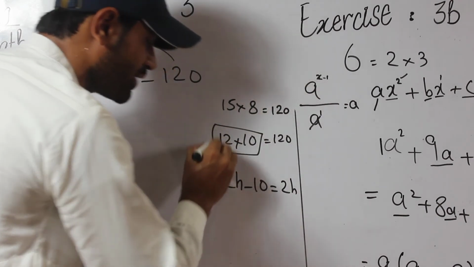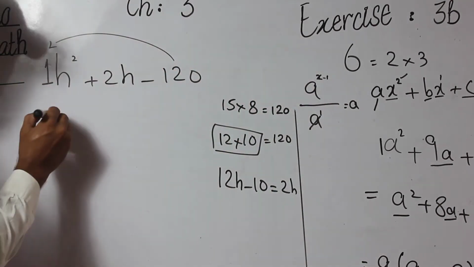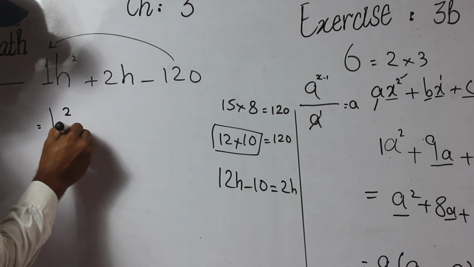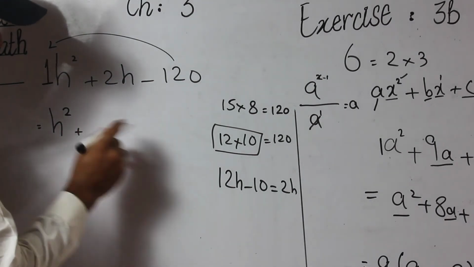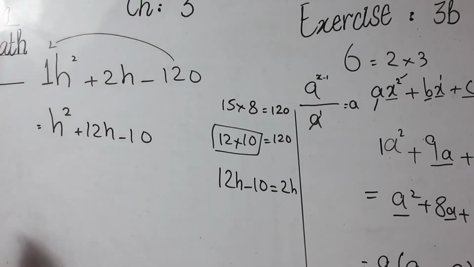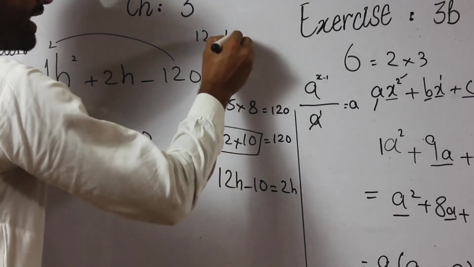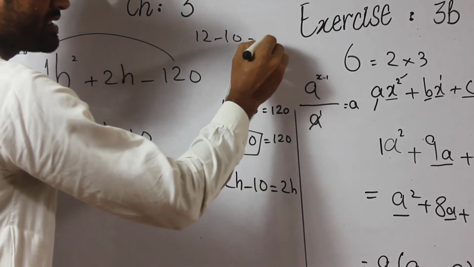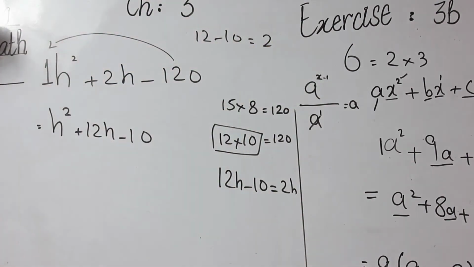I use these two numbers, 12 and 10. So here a squared plus 2a is converted into a squared plus 12a minus 10a. Just like that, if I have 12 and 10, I write the 2 as 12 minus 10, and I get 2.